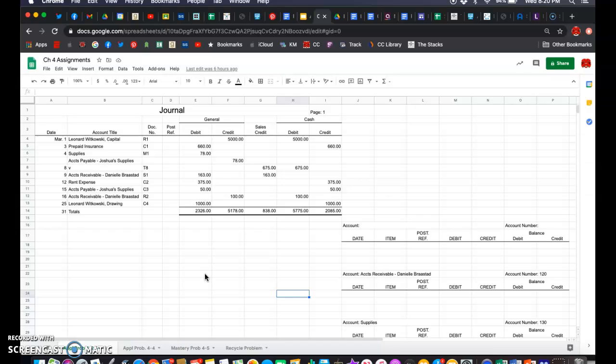I am doing the work together problem that is on page, let's see here, it's 4-2. I'm looking for 4-2.